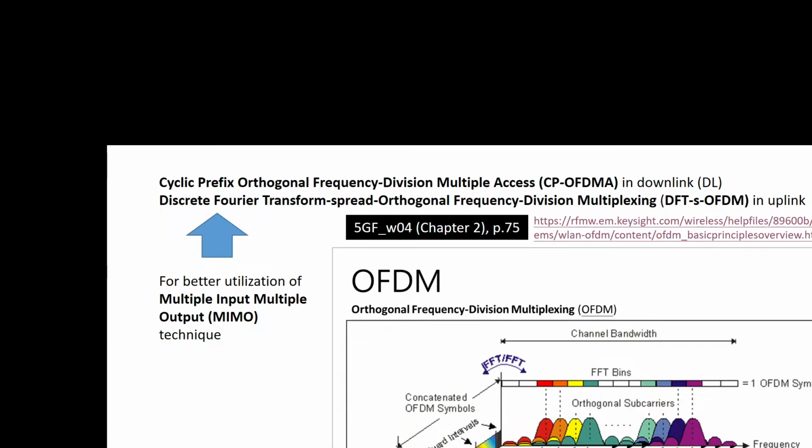Symbol 0, symbol 1, symbol 2, symbol 3. This will consist of this. That's a data frame, the downlink physical layer. So this will be a set of data.